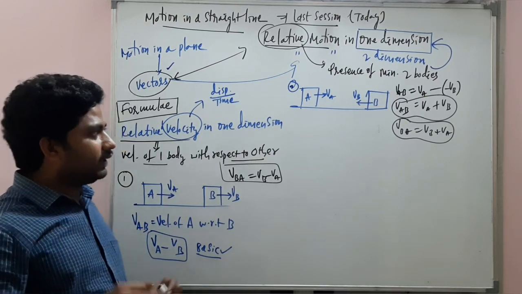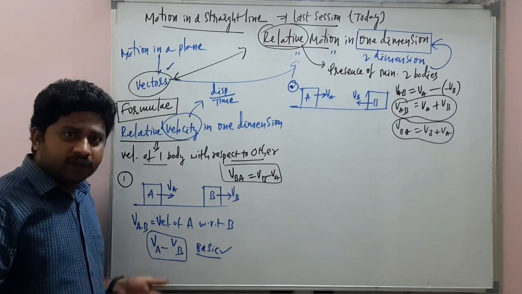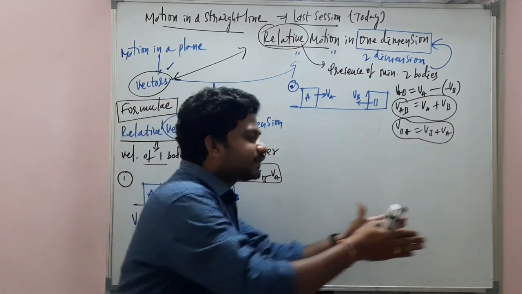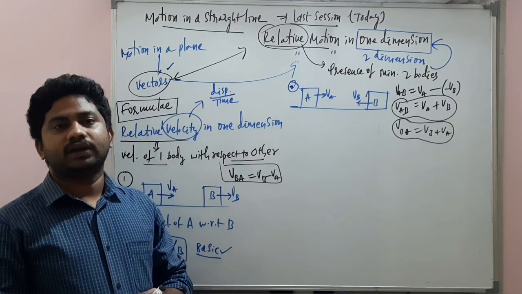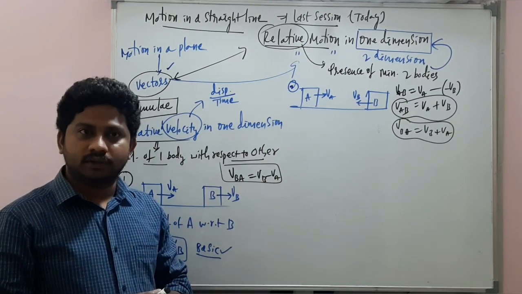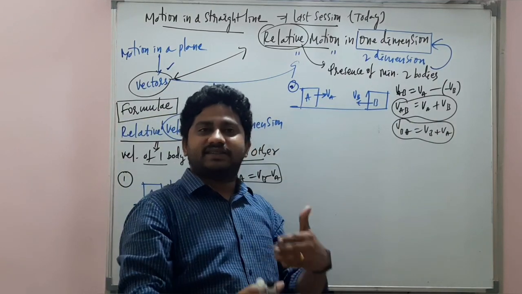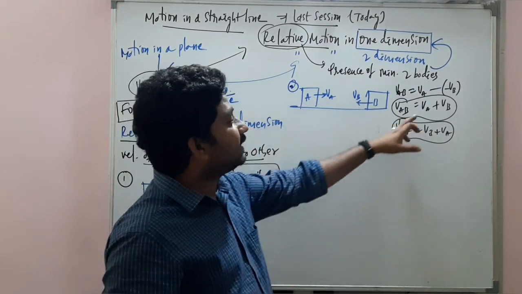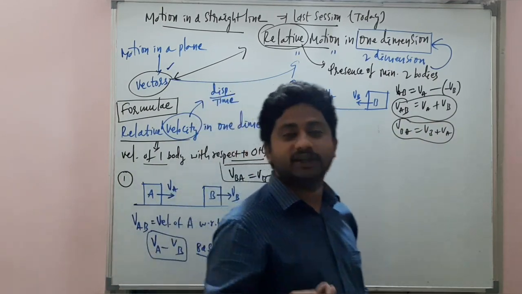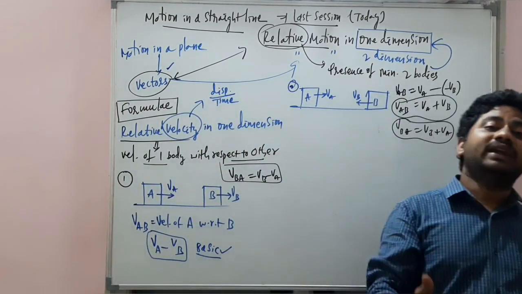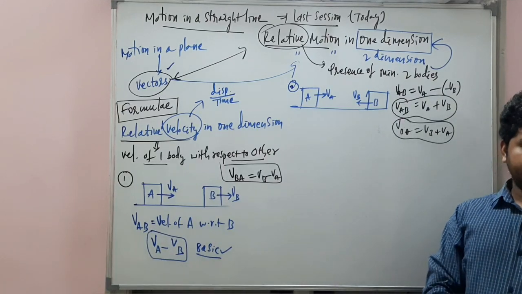Okay. Clear? So look at this interesting part. Simple. When two bodies are moving in a straight line in the same direction, the relative velocity will be subtraction. When two bodies are moving in opposite directions, the relative velocity between them will be the addition. That's a common observation you might have made while moving in a train.